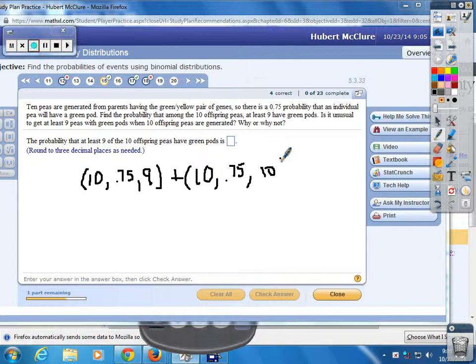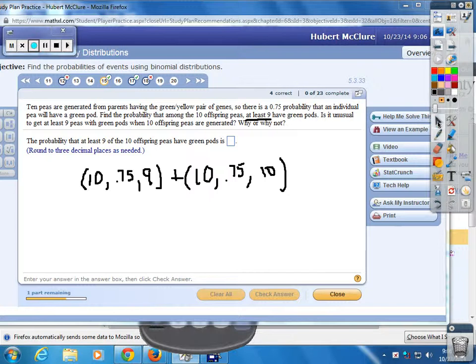Now the reason you set this up like this is because at least 9 means the lowest number is what? 9. So you're checking the probability of the 9th and the 10th trial, because at least 9 means the lowest number is 9. So you're checking the 9th trial and the 10th trial and adding them together.